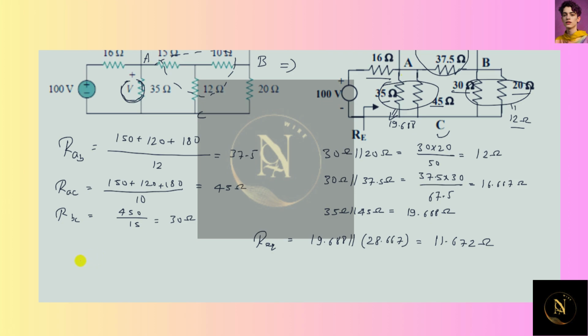So V is equal to, this would be division of voltage. 11.672 divided by 11.672 plus 16, and total voltage is 100, so this is equal to 42.18 volts. So the voltage between these two ends is 42.18 volts. So this is your right answer, 42.18 volts.